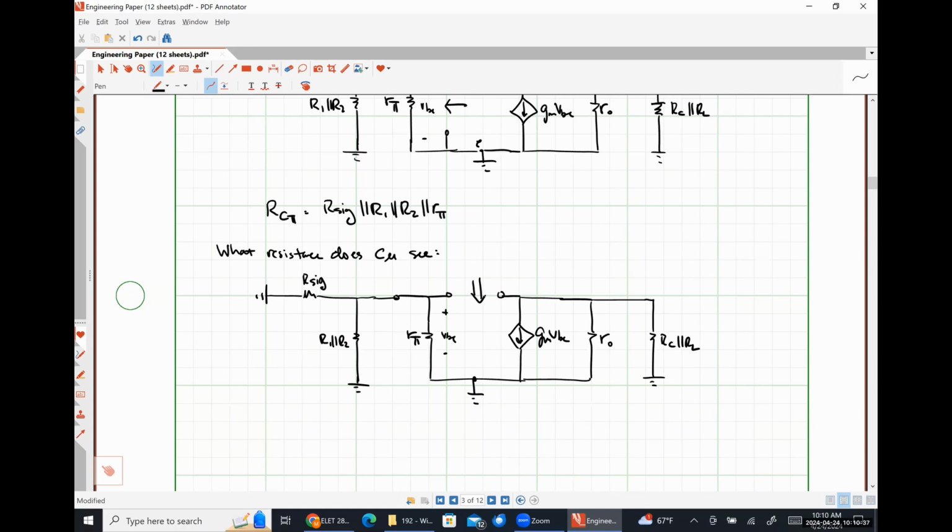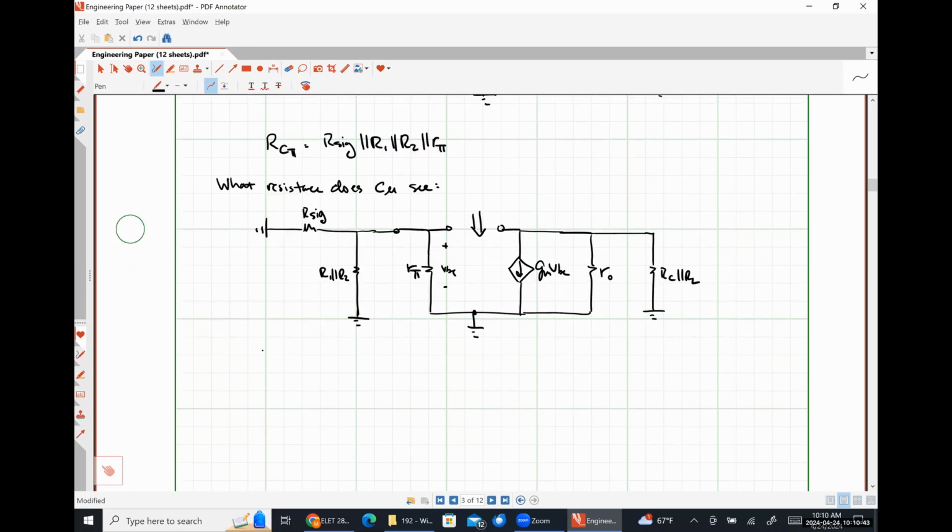R naught in parallel with RC in parallel with RL. So RC mu is just R sig in parallel with R1, in parallel with R2, in parallel with R pi, plus R naught in parallel with RC, in parallel with RL.